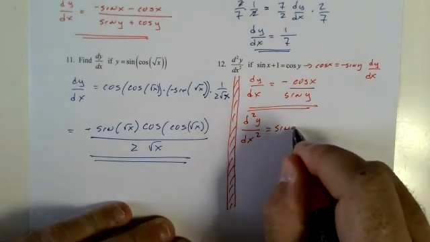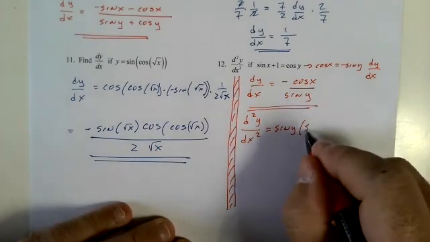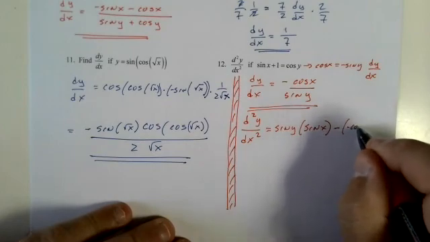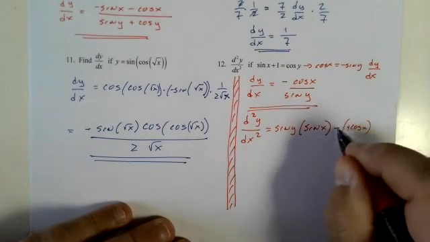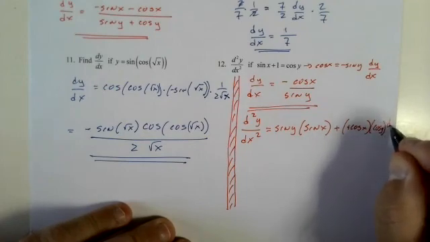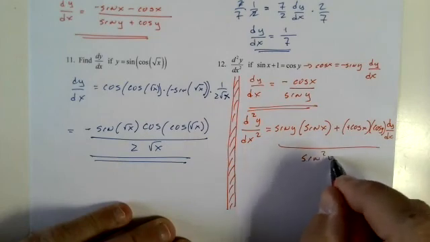Low d high, derivative of negative cosine is sine x, minus high, negative cosine x, d low, cosine y dy/dx, over low squared.